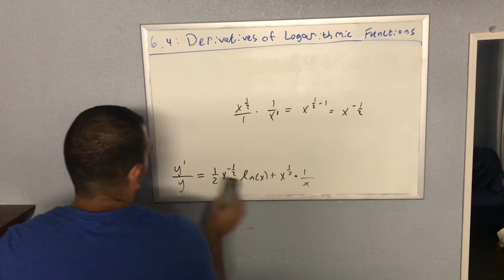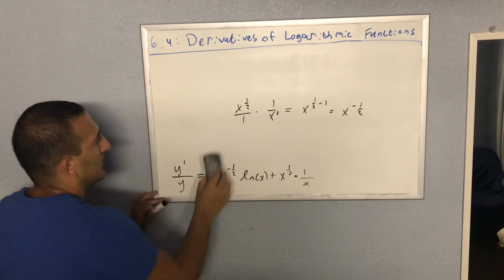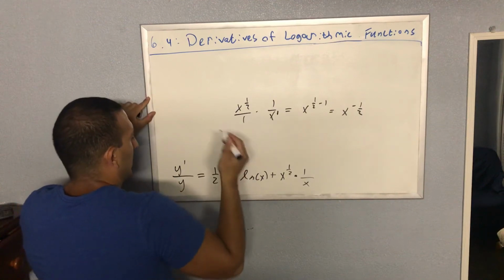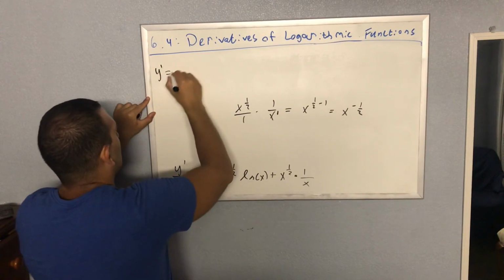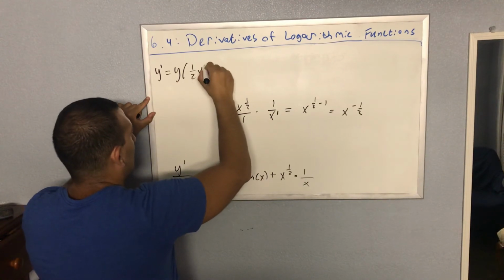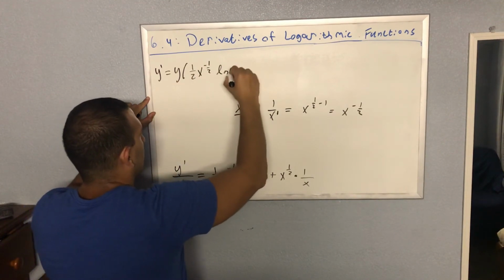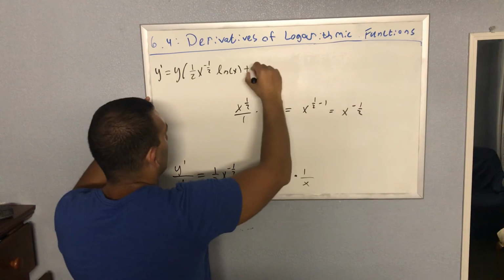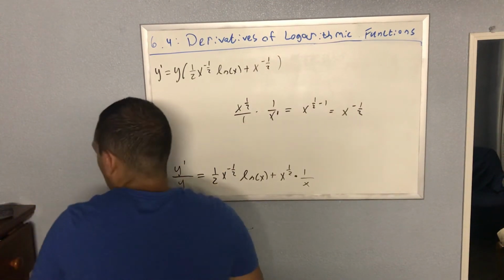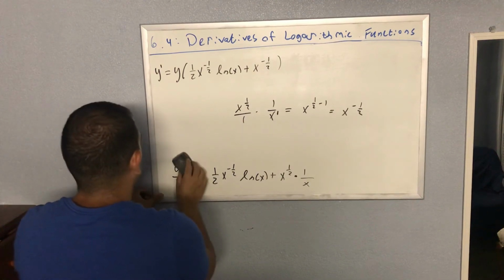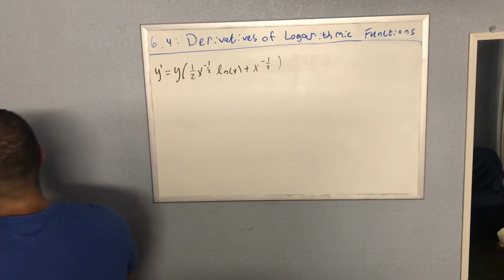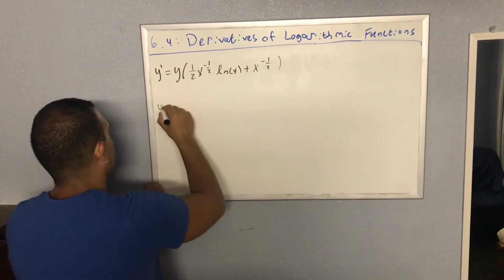And then we can go ahead and multiply y on both sides. So you get y prime is y times 1/2 x to the minus 1/2 ln x plus x to the minus 1/2. And what was y? It was the original function.